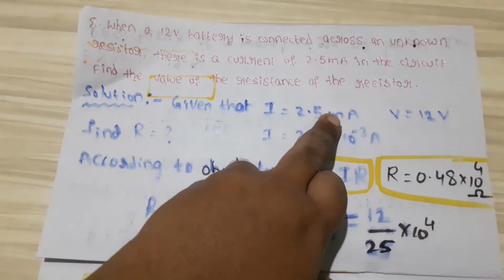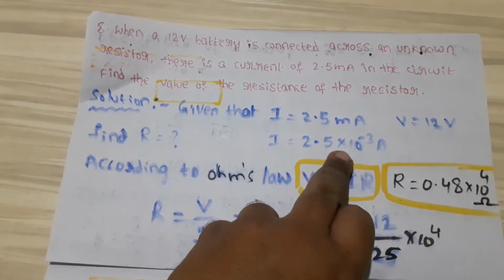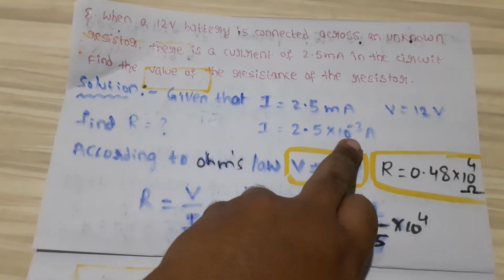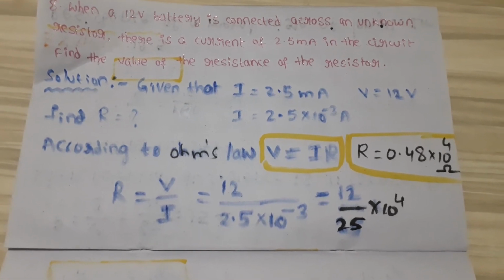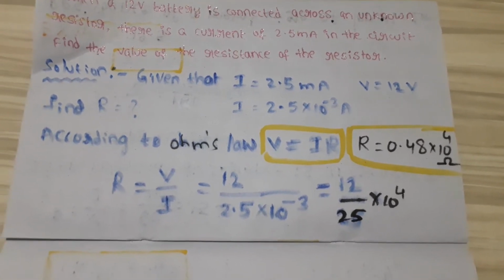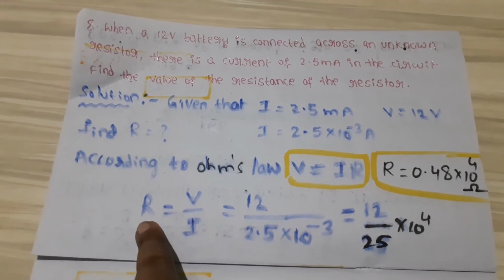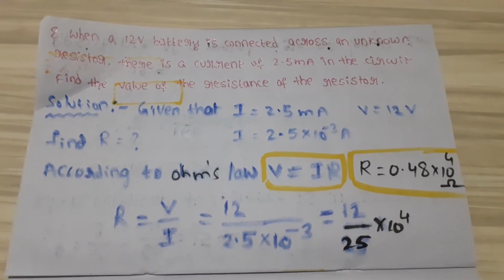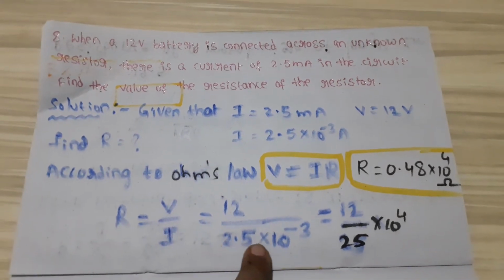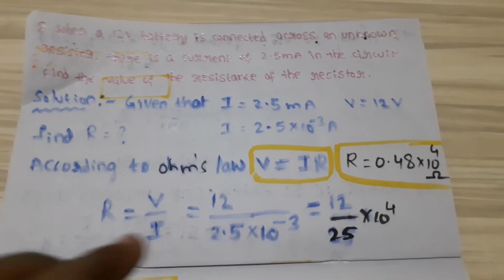Milliampere, we already know that milli value is 10 to the power of minus 3. So by using Ohm's law V equal to IR, I am going to find the resistance value. 12 is the potential difference value, current 2.5 into 10 to the power of minus 3.